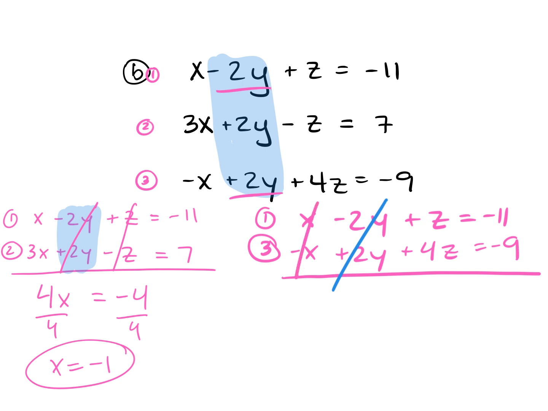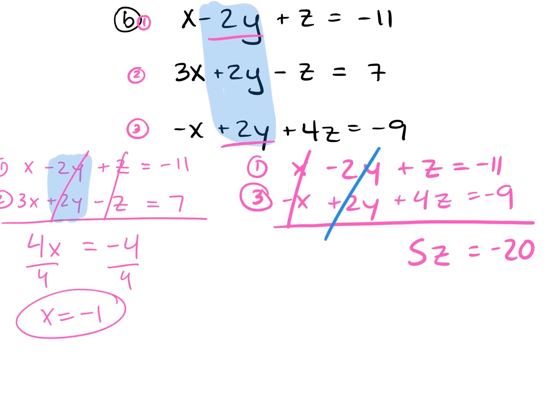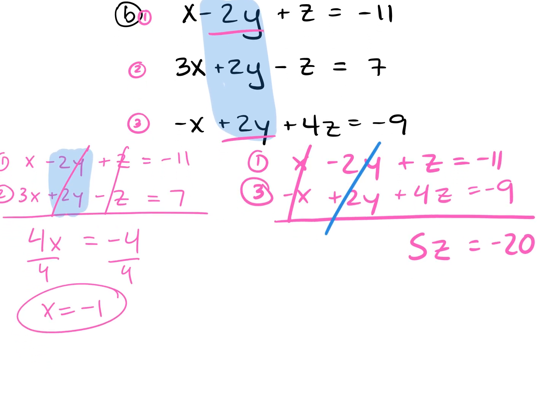That cancels out too. What's z plus 4z? 5z. And negative 11 minus 9? Negative 20. I only have one variable again here. Can I just solve this? Yeah. What do I need to do to solve? Divide by 5. So z is equal to negative 4.